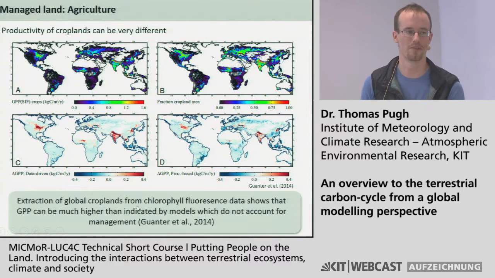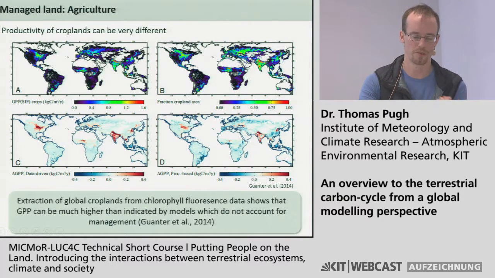And this particular cropland is very heavily, intensively managed, so that you have very high productivity there. And what this paper, which came out last year, showed is that this very high productivity in many of the global croplands, particularly in North America and in India, isn't captured in the terrestrial biosphere models that we're using to model GPP. This is an example of a difference plot here between the data and a couple of different types of models.